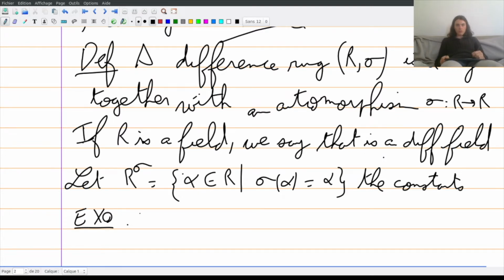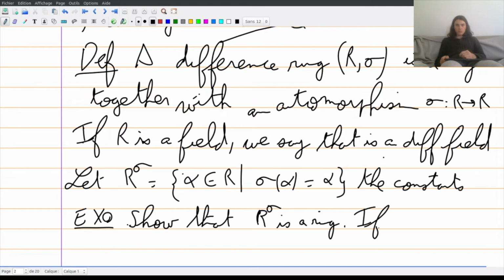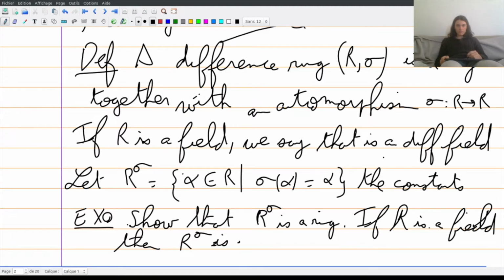So, exercise: show that this is a ring, and if R is a field, then show that it's a field.